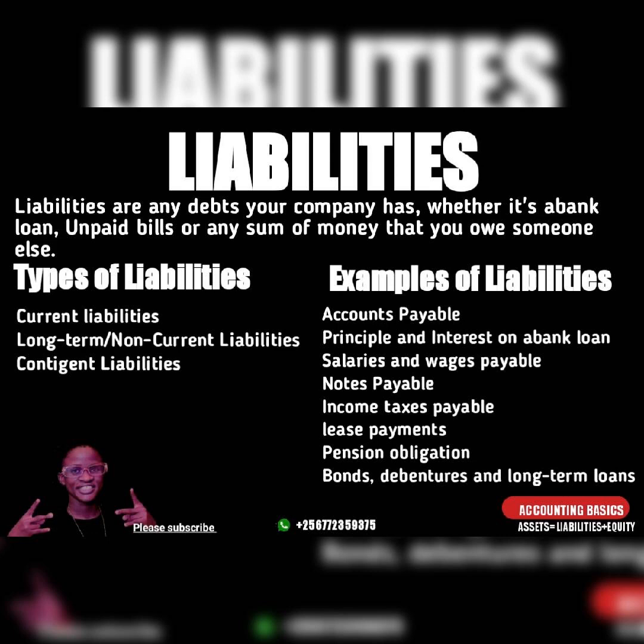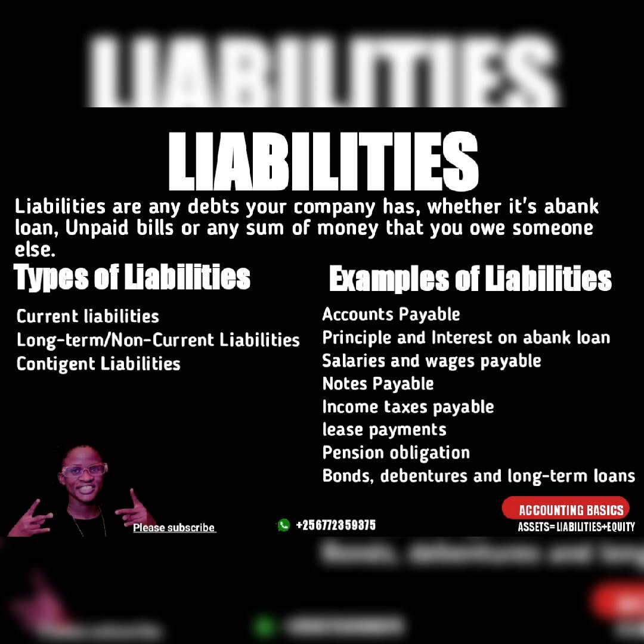Some of the examples of non-current liabilities: we have principal and interest payable due more than a year from now. So that turns it into a non-current liability if it is payable within more than 1 year from now. We have bonds, debentures, and long-term loans.